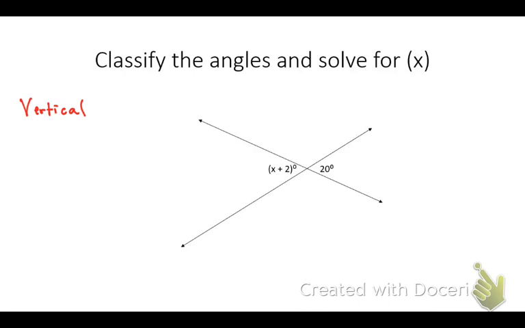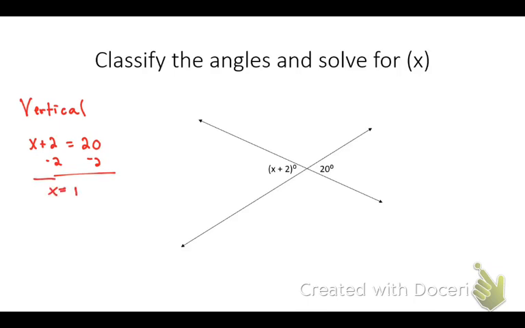What number plus 2 would be the same as 20? 18, okay? Now, let me show you in an equation. If vertical angles are the same, that means that x plus 2 will equal 20. Because you just said that both angles will equal each other. So then you could subtract 2 and x equals 18.